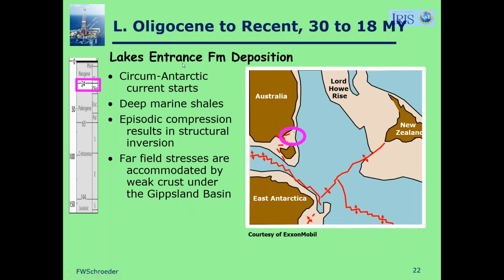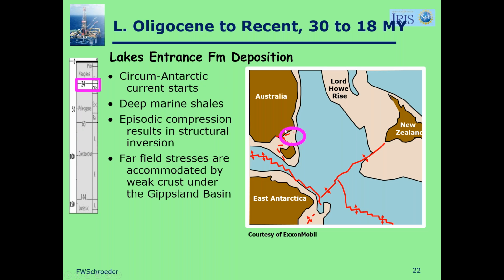And then in the late Oligocene, we get the Lakes Entrance formation. This is the deep water marine shale that I mentioned. It's going to be a world-class sealing lithology. After the Oligocene into the Miocene and Plio-Pleistocene, we continue to get deposition.